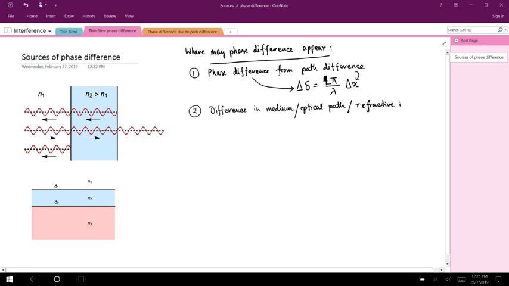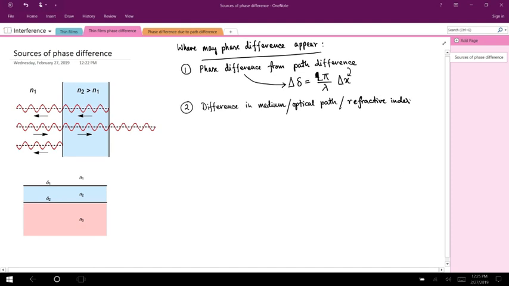Refractive index. Okay, so there the rule is going to be that delta delta is really equal to 2 pi over lambda multiplied by delta x optical, where delta x optical is equal to the refractive index of the medium multiplied by the observed delta x, right?